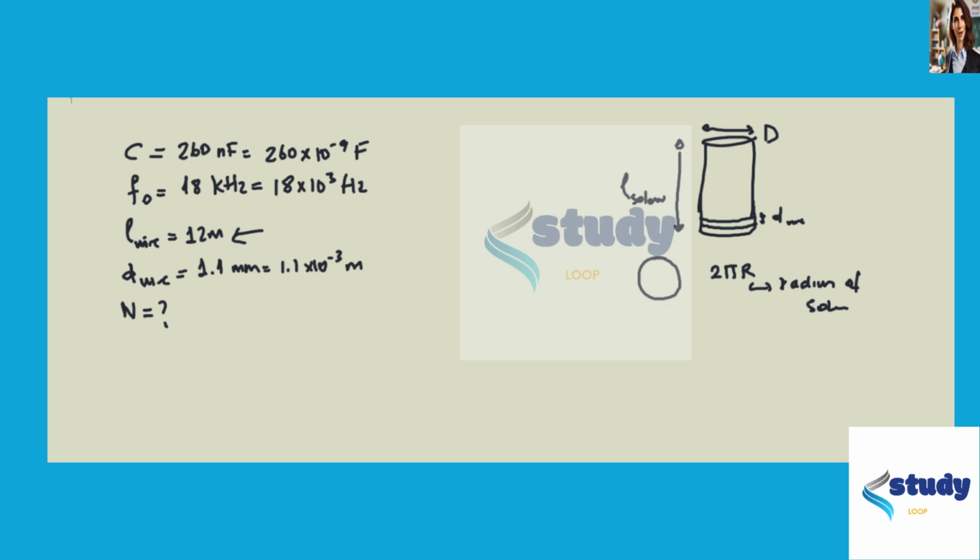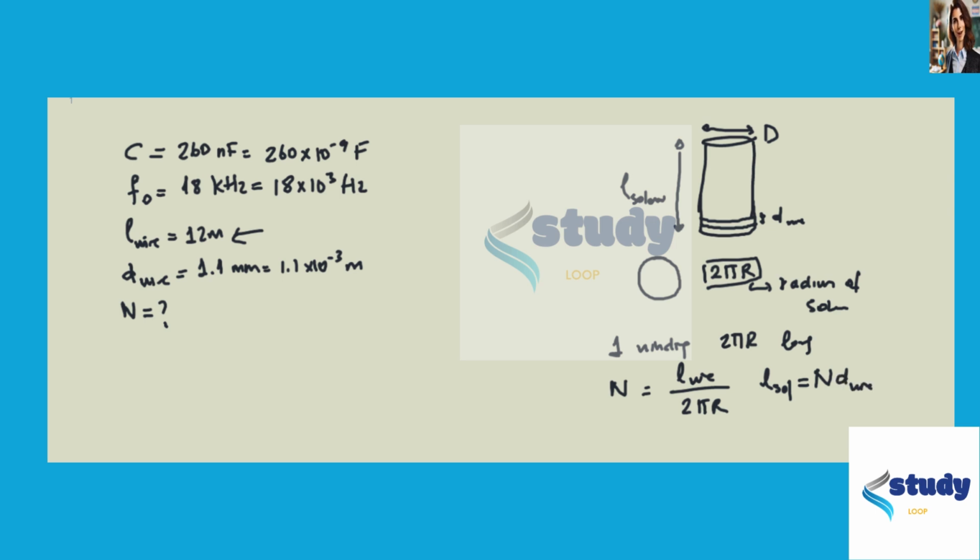So for n windings, we would have n equals L wire divided by 2 pi R. Then from n, we can go to the length of the solenoid, L sol, which is equal to the number of turns times the diameter of the wire.